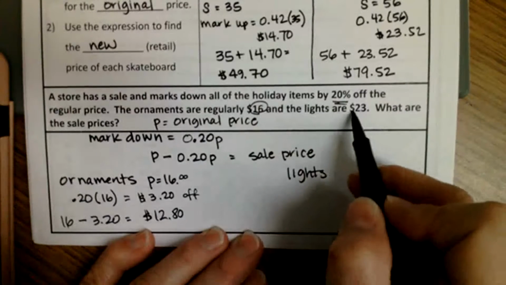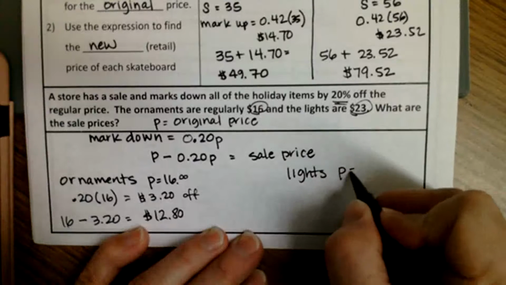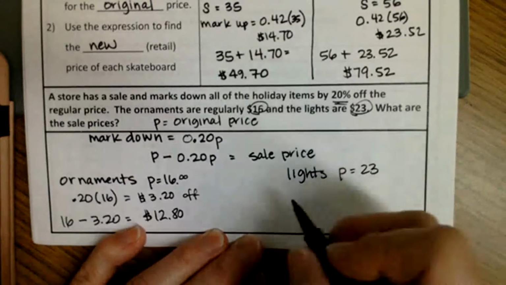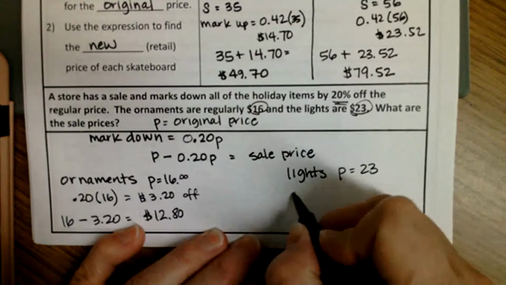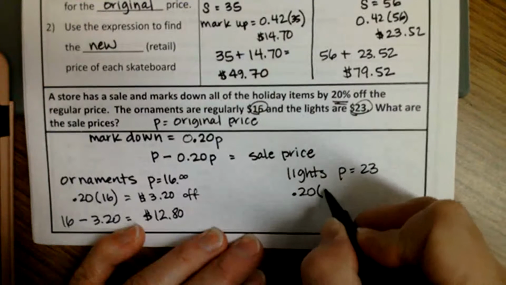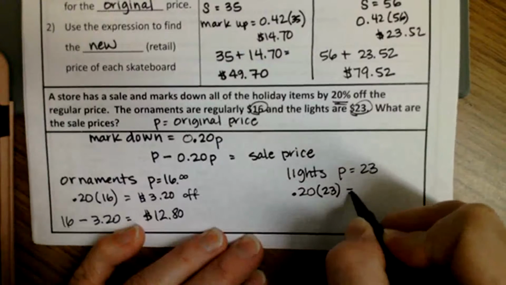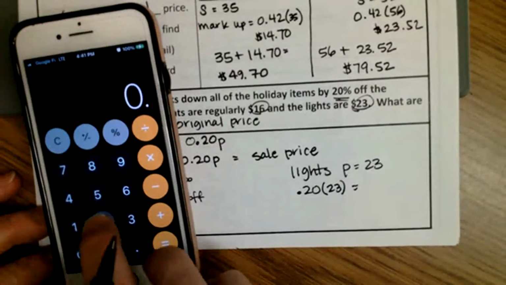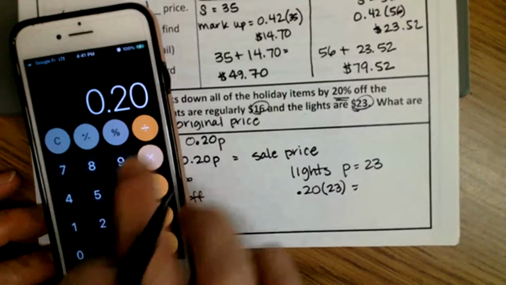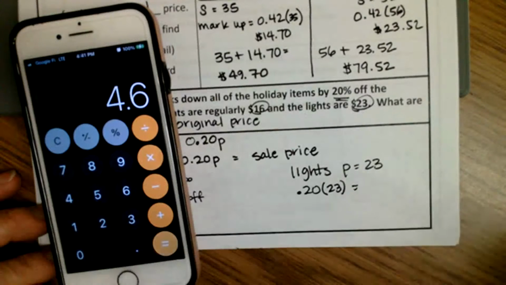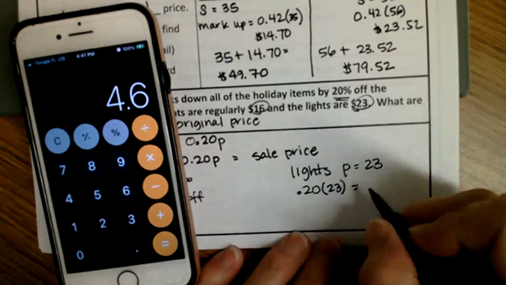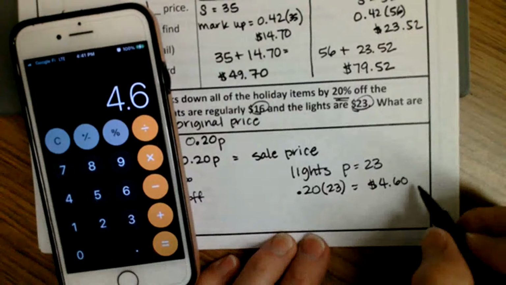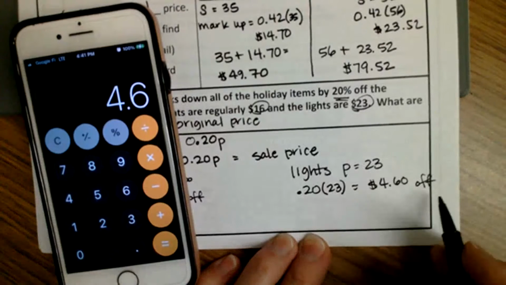in the problem it says lights are $23. So P equals 23. The original price is 23. So to find the markdown, we're going to take 20% of 23, which means we're multiplying 0.2 times 23. So we're going to go 0.2, that's the 20%, times $23. So 20% of $23 is $4.60. That's how much we're going to take off for the sale, 20% off.